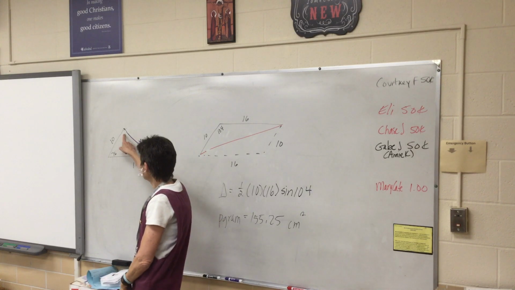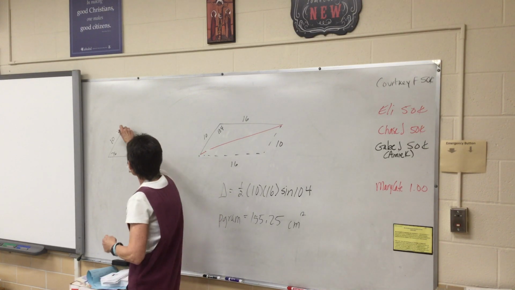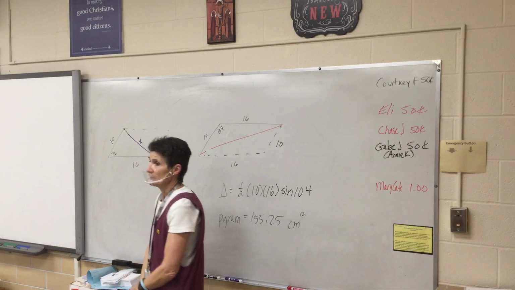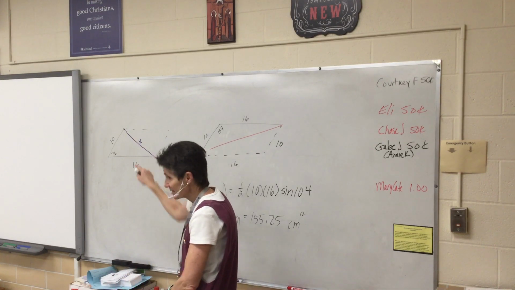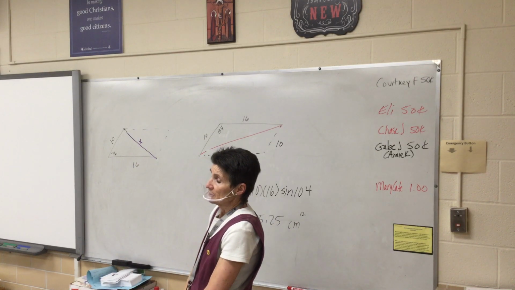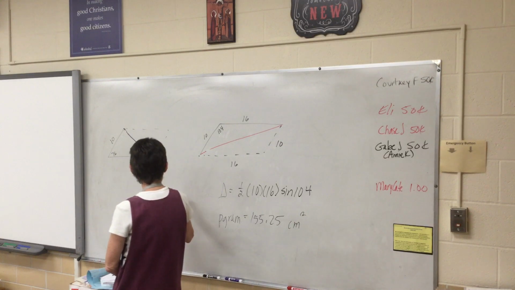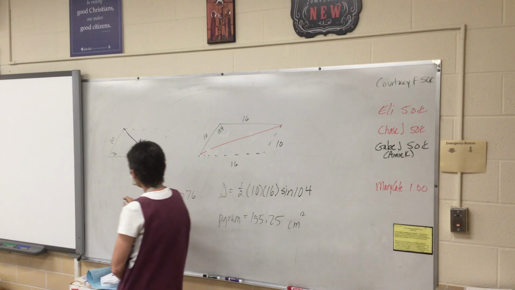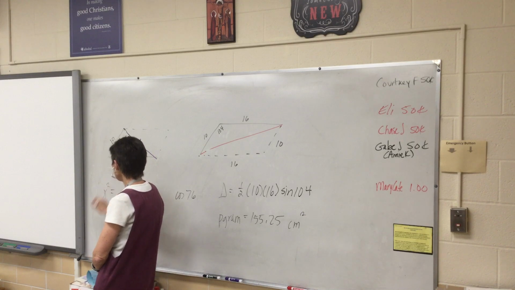Please don't say that's 104. The whole thing was 104, but didn't I cut through it? And I didn't cut it in half. Don't do that. Use 76. So what will the law of cosines say? Over here is going to be cosine 76. What's going to be over here? X squared. Perfect.